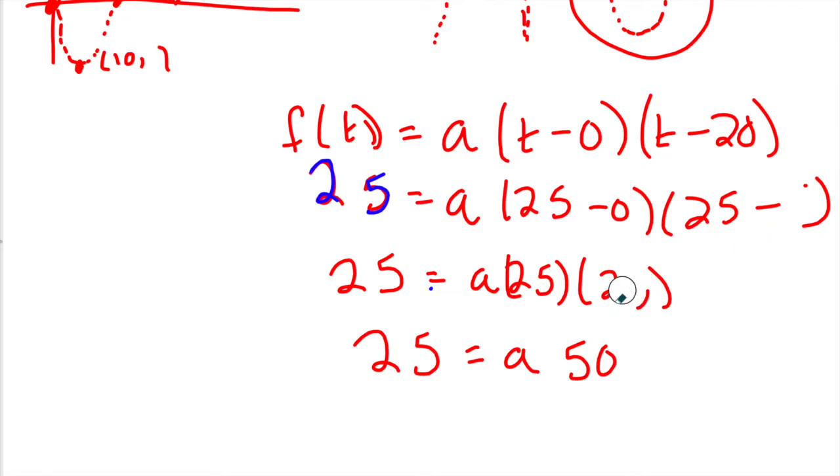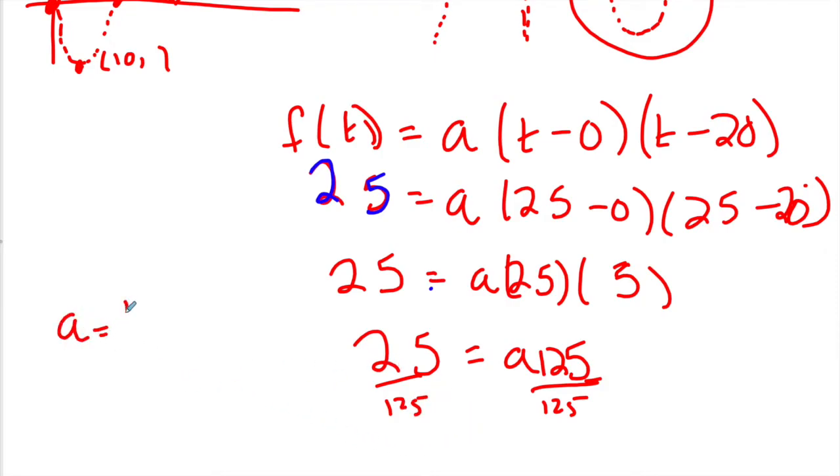I got one step ahead of myself. So sorry, this is 20, so this is 5. So this is 125. You should be subtracting 20. See, I got ahead of myself. I went right to the 5. All right. So now, how do I get A alone? I would divide by 125. I thought that number was getting awfully high. So I get 25 over 125, or 1/5.